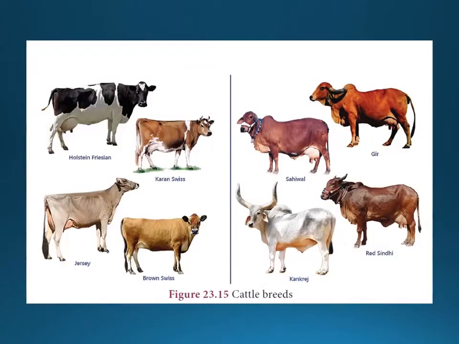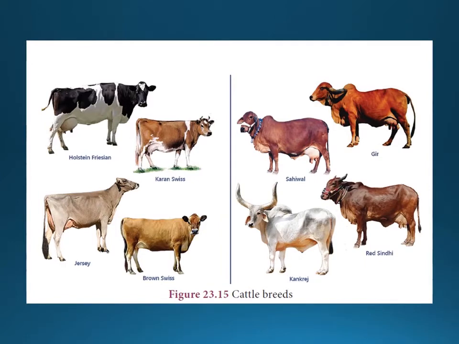The next one, these are all cattle breeds. Example figure. This is an exotic breed and this is an Indian breed. Holstein Friesian, Brown Swiss, Jersey and Brown Swiss are foreign breeds, we call them exotic breeds.